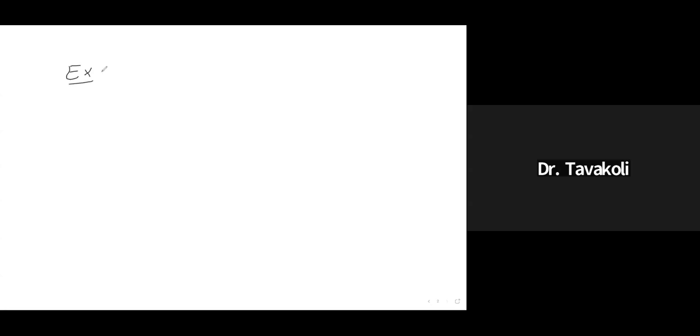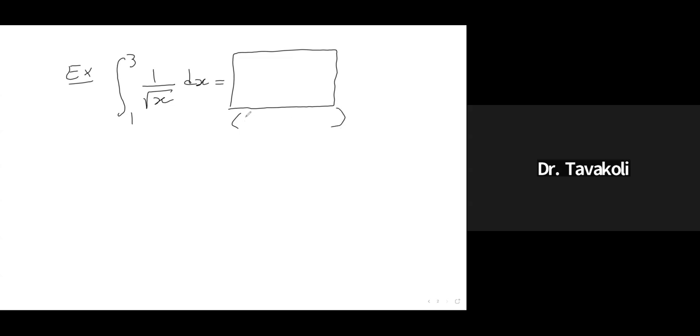Suppose I had the same function, but the integral was a definite integral, and I want to find the integral from 1 to 3 of 1 over radical x dx. So at the end, I want a number, but I want an exact answer, exact number, exact value.